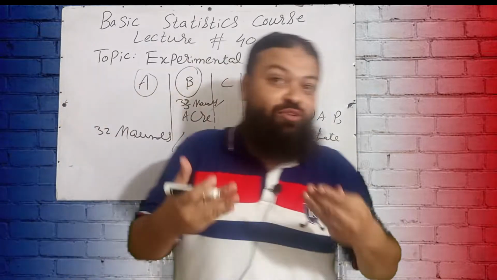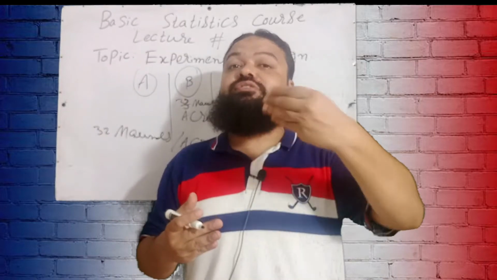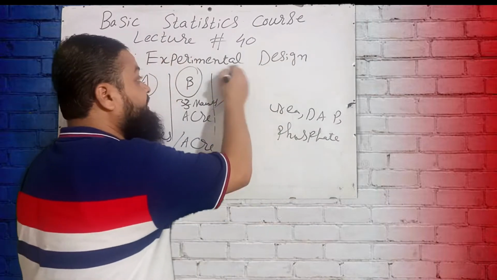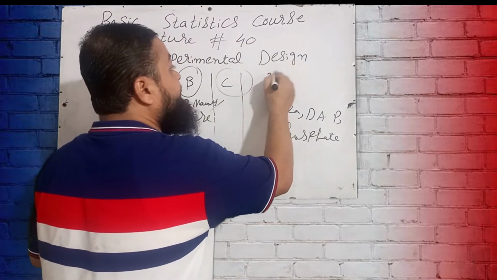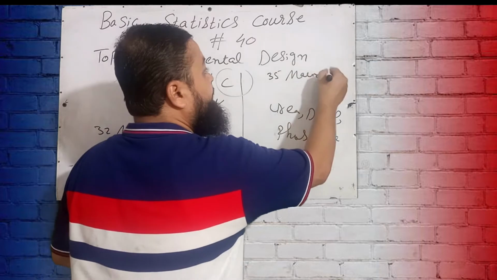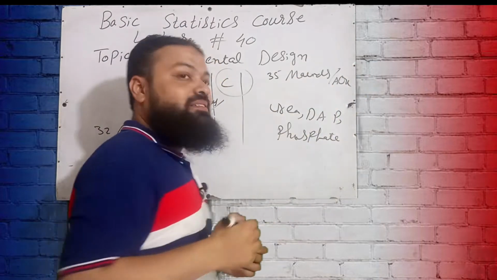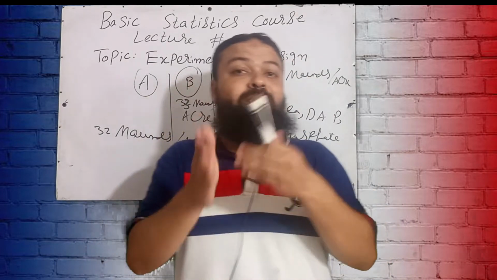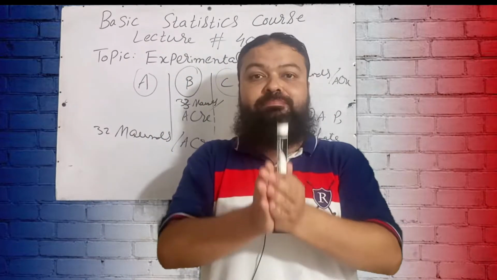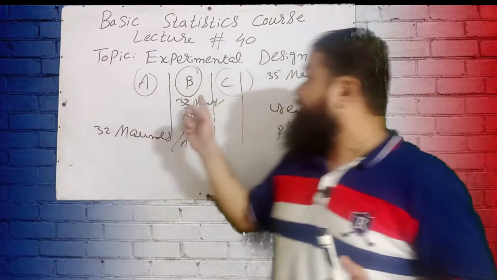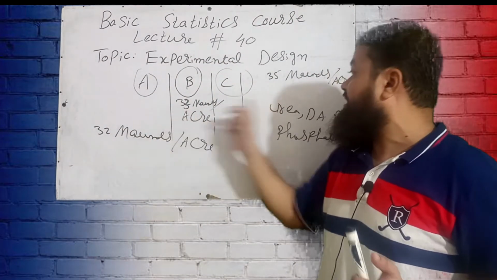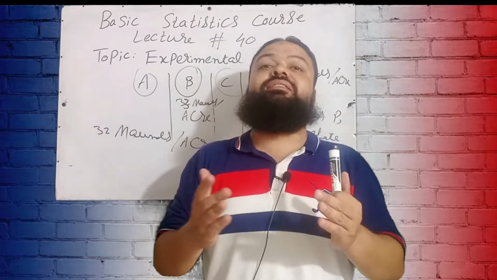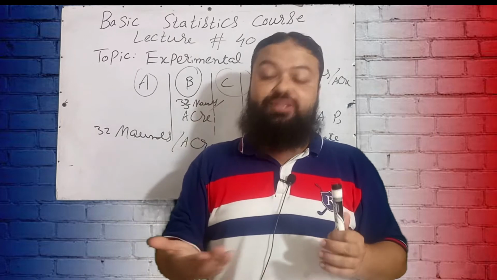And I repeat my process again. I apply the treatment of urea again randomly, and that is applied on the plot C. Now the average yield is 35 mands per acre. That is a benefit of replication. When you repeat the process of applying the treatments on the experimental unit, the average yield 32 mands, 33, 35 mands, we reduce the experimental error. That is the benefit of the replication.